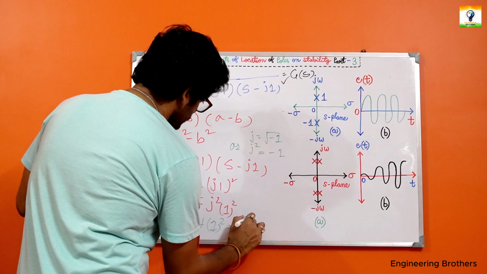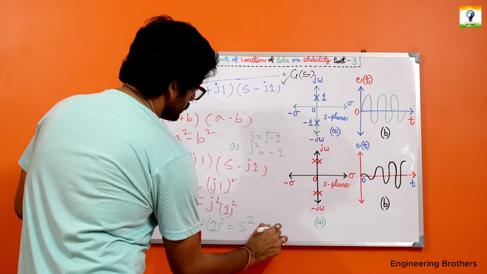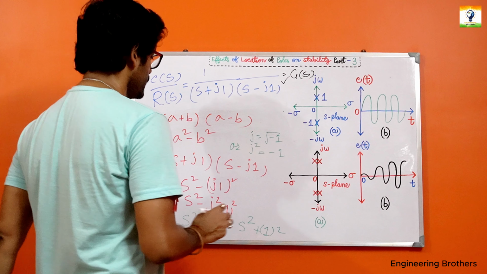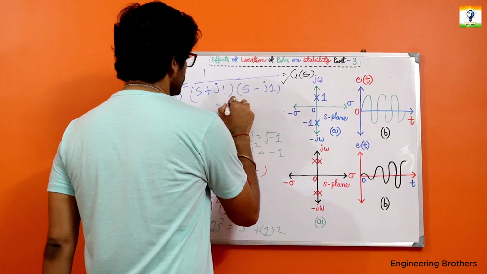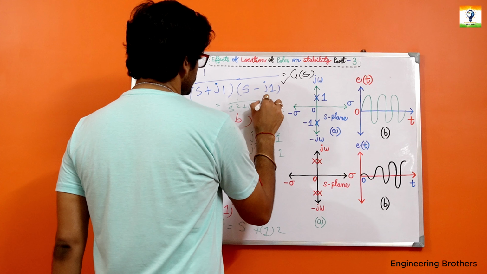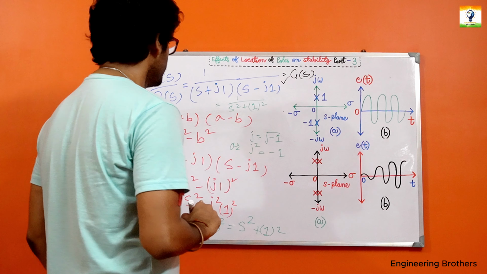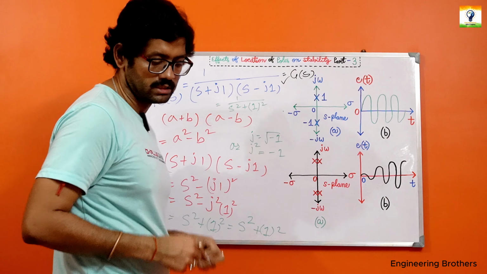Now quite naturally, this one will be s square plus 1 square. Now we can write that as our 1 divided by (s square plus 1 square), which actually gives us the considered analogy over here.